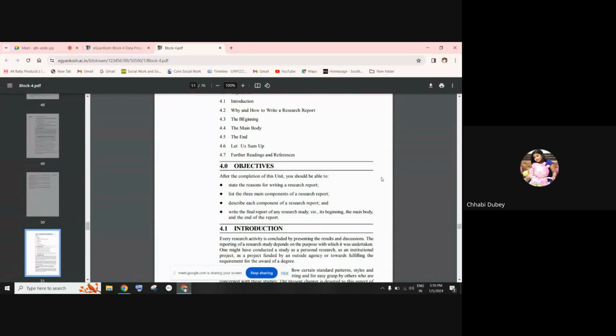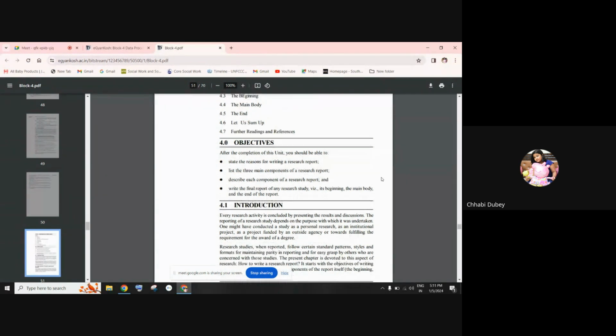So we are going to understand and describe these components, and finally we will write the final report. This includes various important aspects, like how we write the beginning of the report, how we write the main body, and finally the end of the report. So all of these would be discussed in this particular unit.